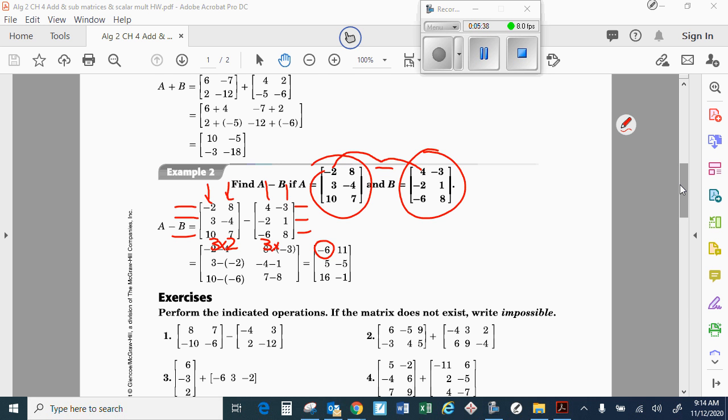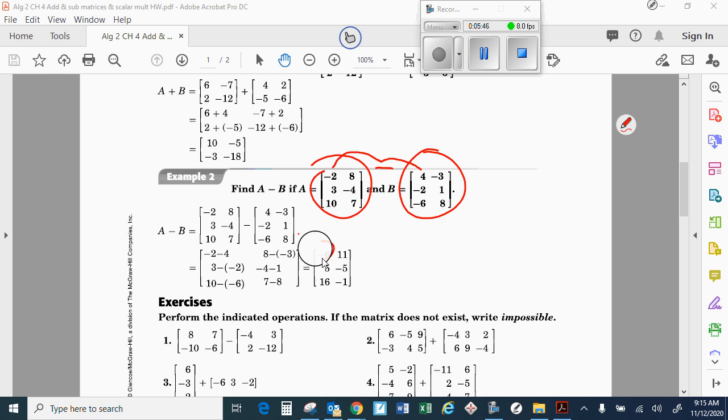That's why I can add them or subtract them. Exact same dimensions. Just checking that. Obviously, they're going to be on this page, otherwise you wouldn't be able to do them. Oh, it does say if a matrix does not exist, write impossible.